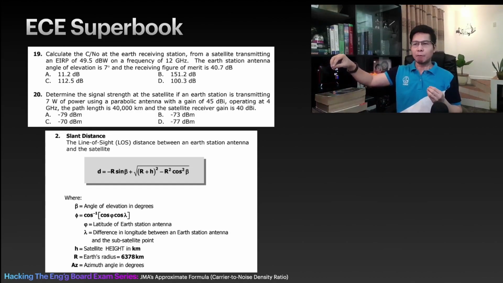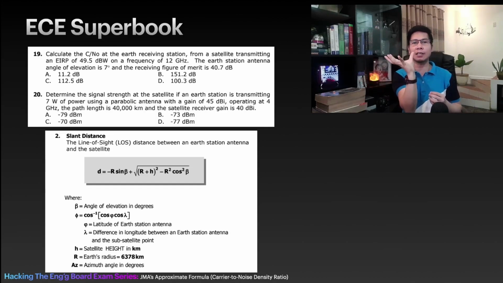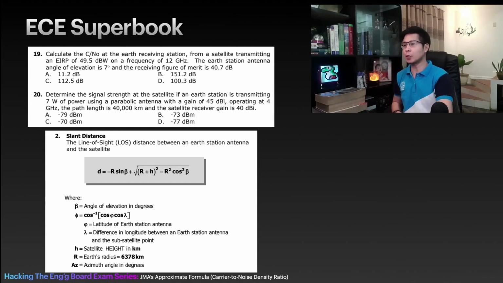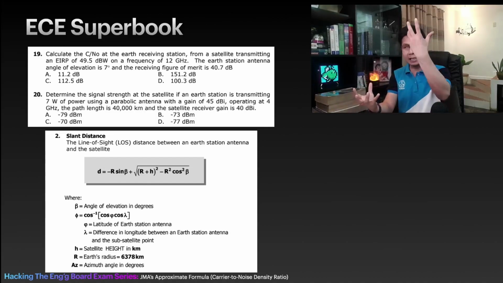And now, if you have an Earth station, ang closest distance o ang satellite natin will be closest doon sa ating Earth station if the Earth station is directly above the satellite or if the angle of elevation is 90 degrees. Ito yung formula to compute for the slant distance o yung distance between yung Earth station antenna and the satellite.